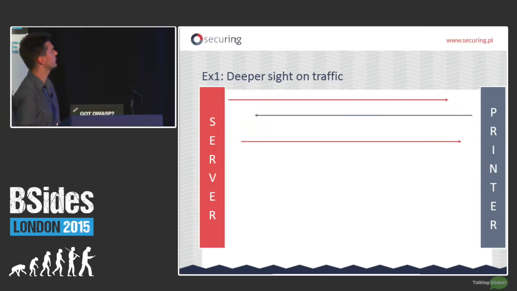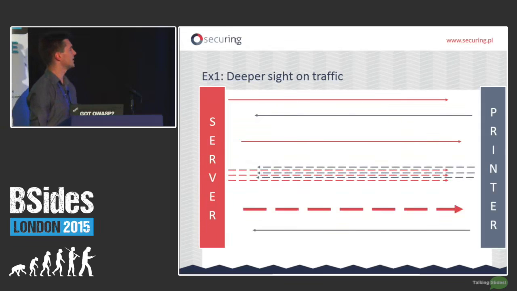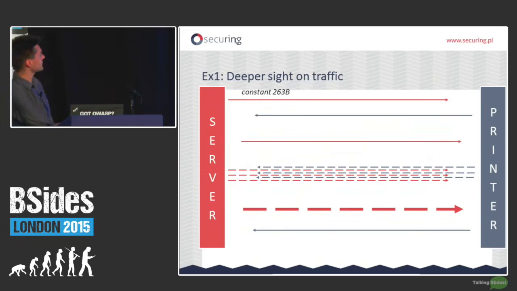First, 3 short communications, then a lot of small communication, and a huge amount of data. The whole communication is 1.1 megabytes, and this part is 1.05 megabytes, so what is it in a printing solution? Files.